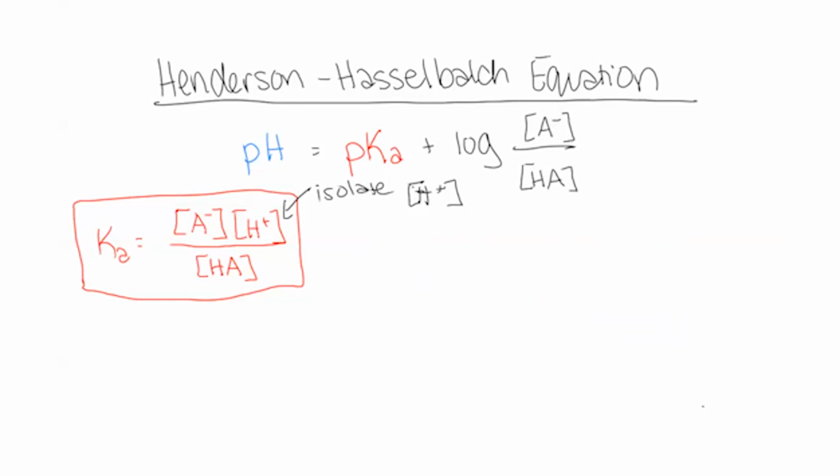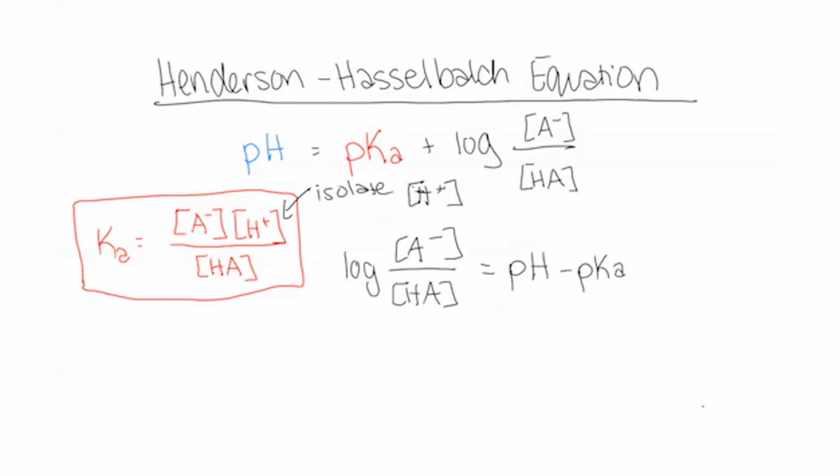Conversely, sometimes we want to solve for the amount of the acid or the amount of the base. And so what we can do is rearrange things so that we're solving for this term. So we have this log of A minus over HA equals our pH minus our pKa.